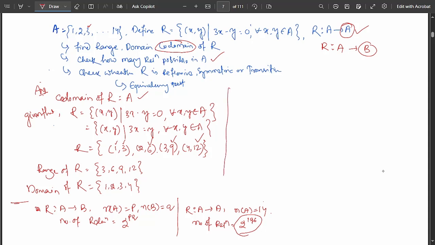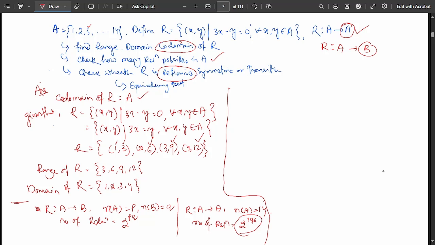Now we check the equivalency, that is, whether R is reflexive, symmetric or transitive. How is the reflexive property defined?